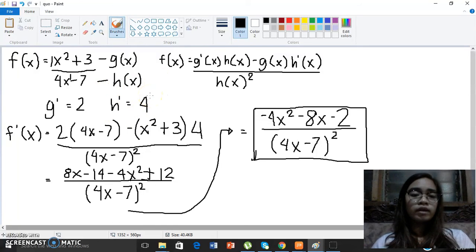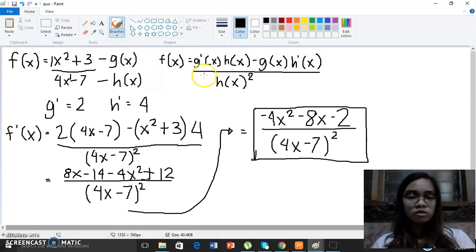Since we've already gotten the values of g of x, h of x, g prime, and h prime, we'll now proceed to solving this derivative form.